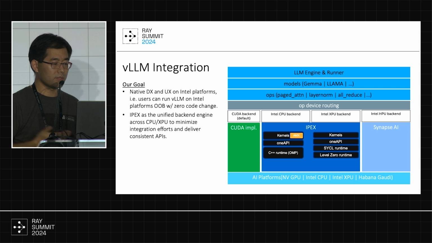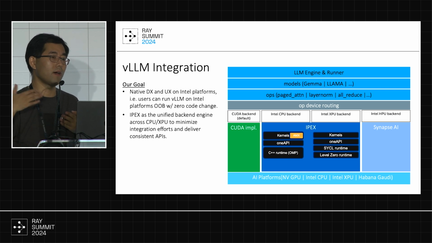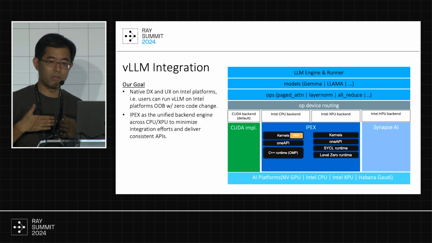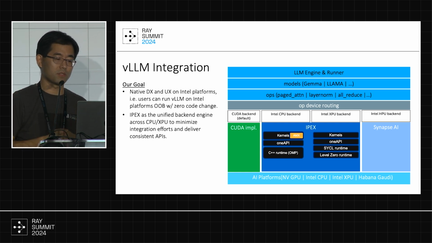Following this design, for the CPU and XPU backend, we have this IPEX integration. And on the Gaudi platform, we followed the same design and did the OP level integration. Now the PR is under review, and right now it's in the fork, but I discussed it with Woosuk yesterday, so it will soon be in the vLLM mainline as well.